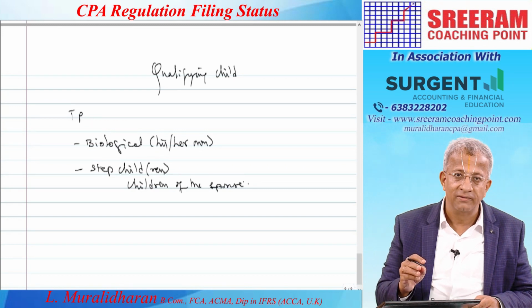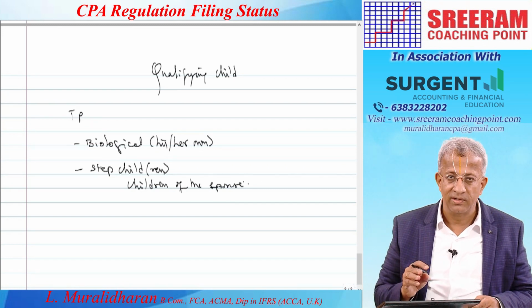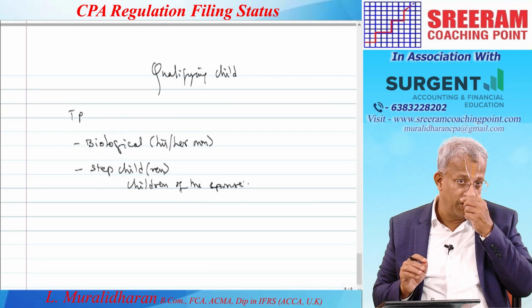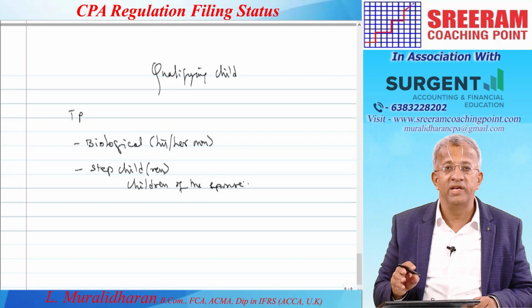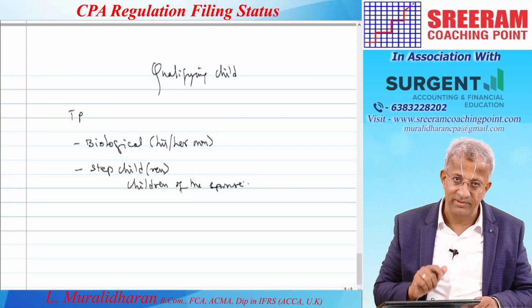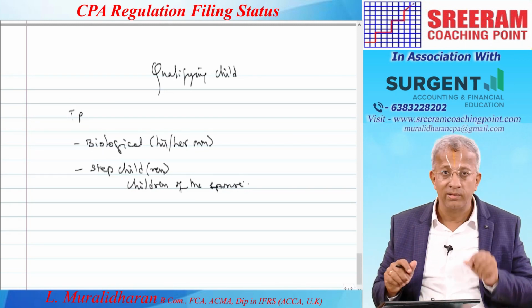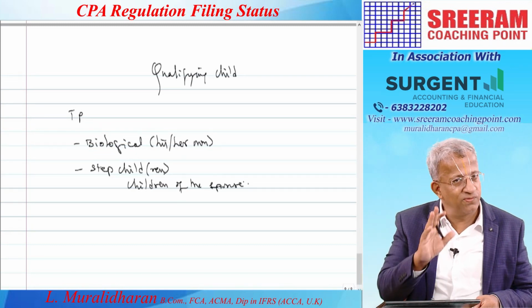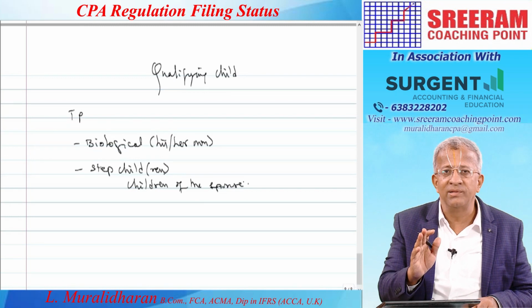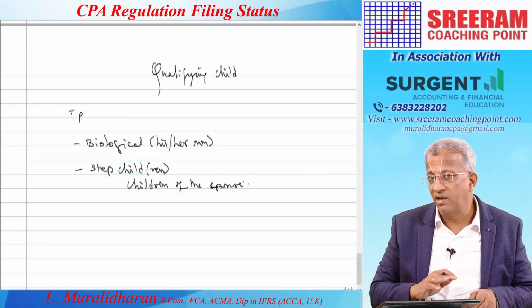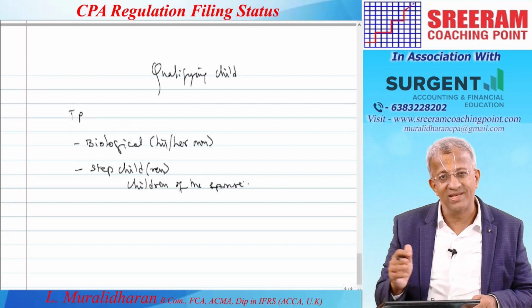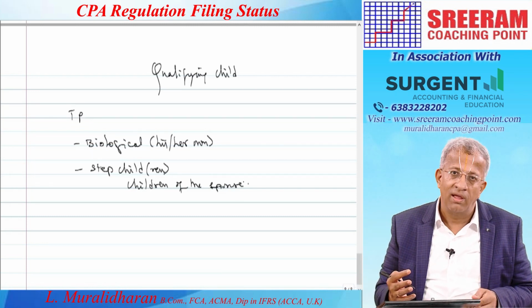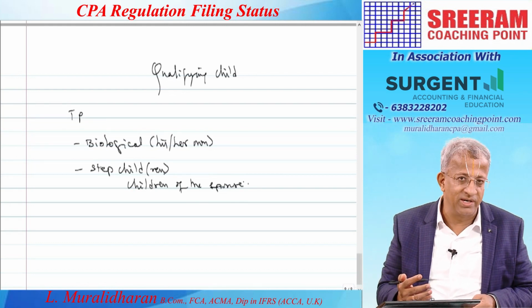For Dasharatha, Rama is a biological child, and Lakshmana is also a biological child. But for Kausalya, Lakshmana is a stepchild. In the same way, Bharata and Shatrugna are stepchildren for Kausalya. Just for the sake of basic understanding, I am telling you, and let us take up such examples where we can easily catch up with the relationship and thereby have a better understanding of the subject.